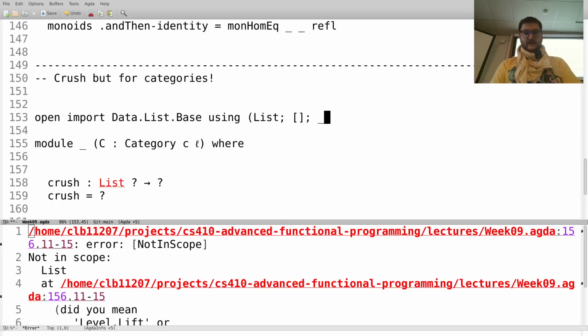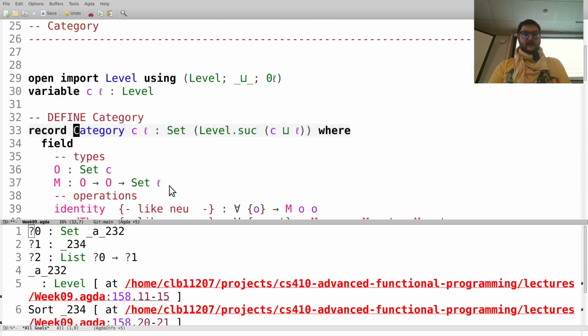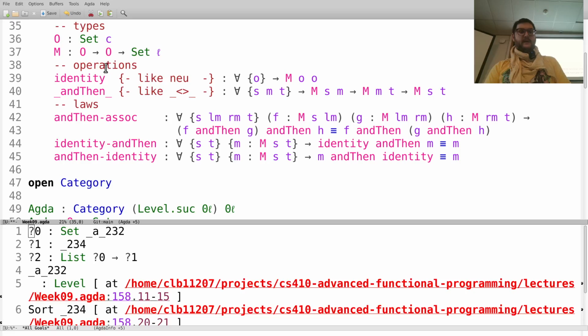And now we need to find what to put in here. For the monoids, we're putting the carrier type. For the category, the carrier type is this notion of morphism, right? That's the one for which we have a neutral and a diamond.